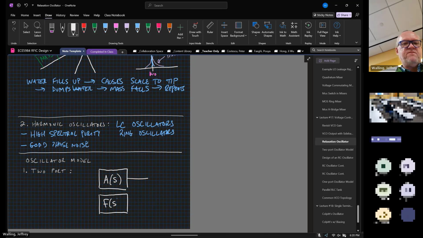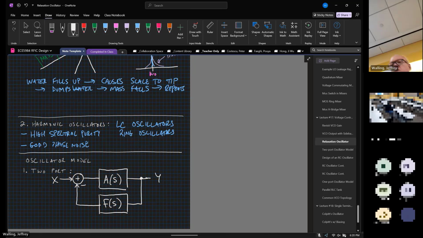We'll just say it's called F of S. And we connect this with a feedback loop. We might have some input signal X, and we might make this a negative feedback loop.